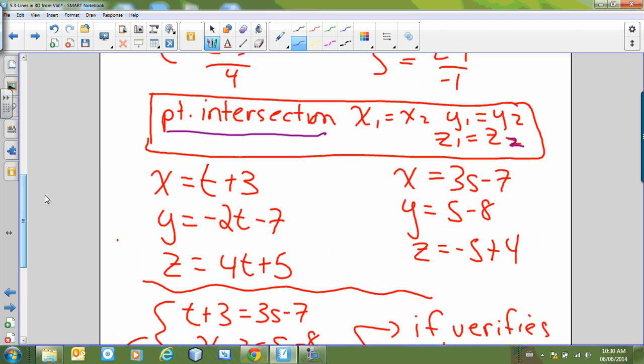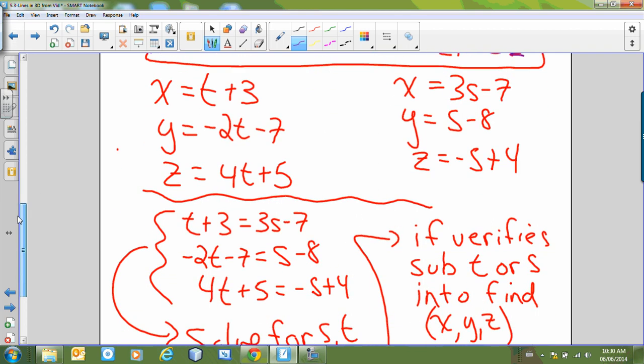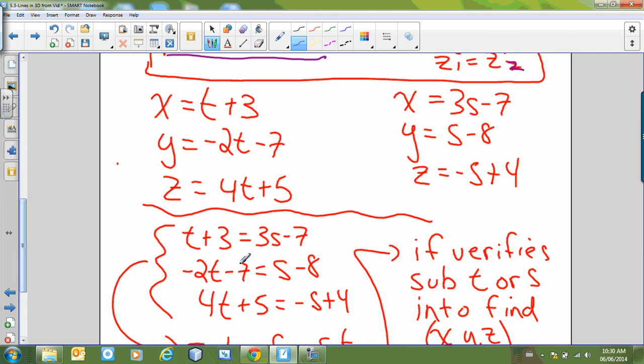So we isolate the x's, the y's, and the z's, and knowing that x1 should be equal to x2, y1 equal to y2, and z1 equal to z2, we actually make those equations equal.